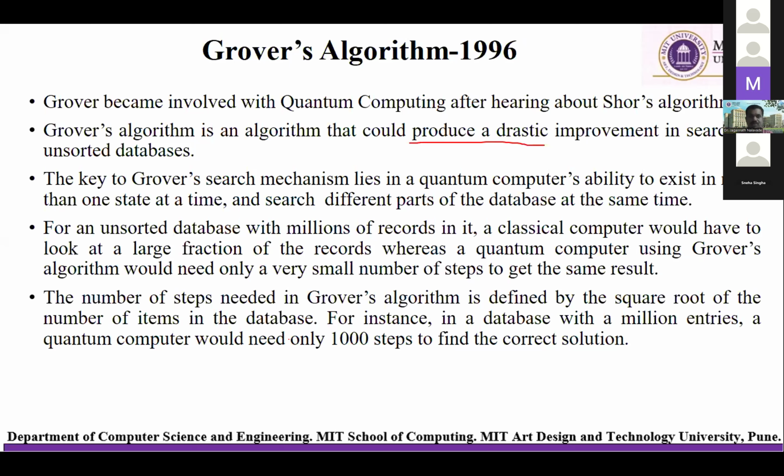The number of steps needed is defined by the square root of the number of items in the database. So if there are a million entries in the database, a quantum computer would need only 1000 steps to find the correct solution. Very few steps are required compared to a classical computer system.